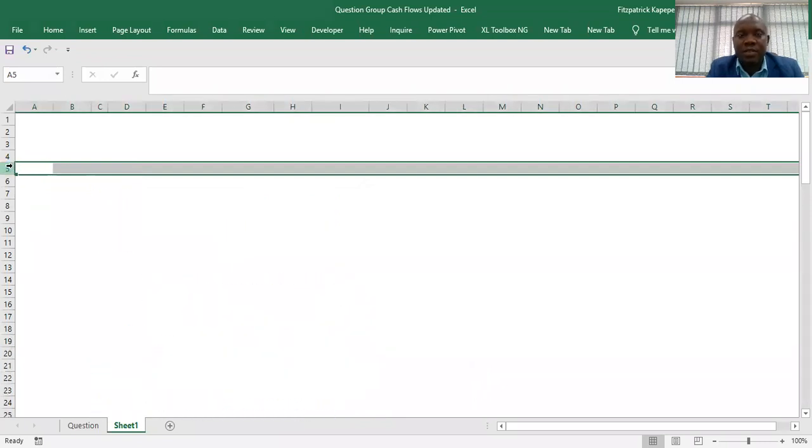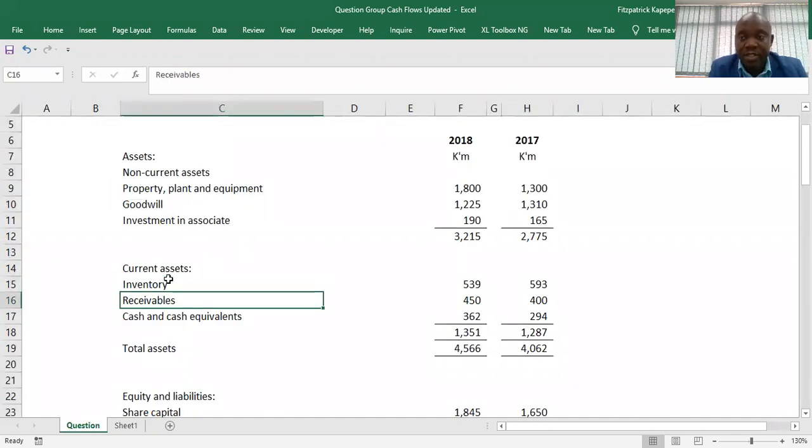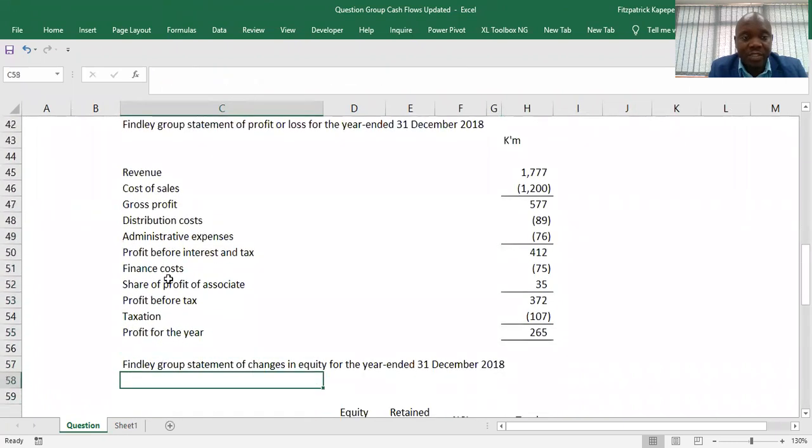So we now look at the statement of financial position, statement of cash flows. Let's just check on the income statement so that we get a guide of what should be there and what should not be there.